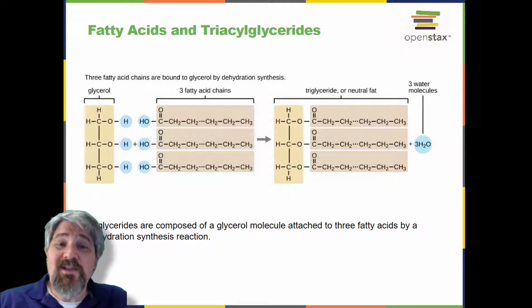For example, lipids containing saturated fatty acids are solids at room temperature, whereas lipids containing unsaturated fatty acids are liquid. A triacylglycerol or triglyceride is formed when three fatty acids are chemically linked to a glycerol molecule, as in this figure.